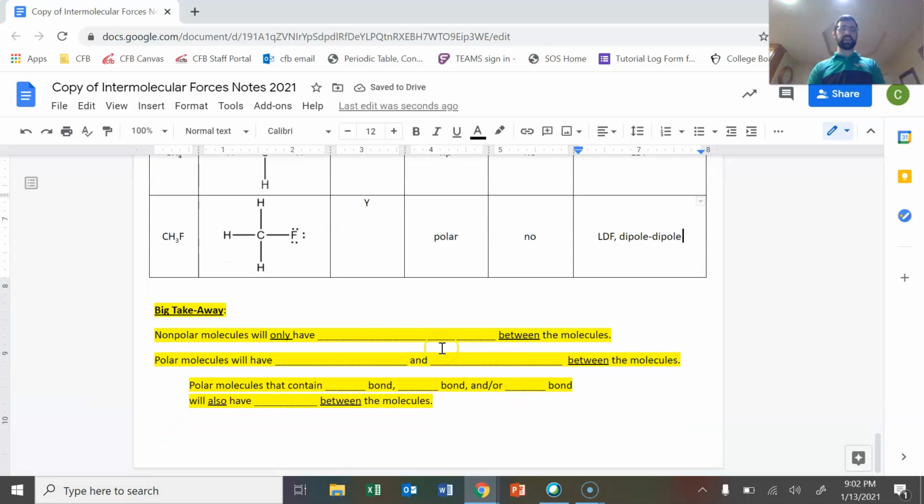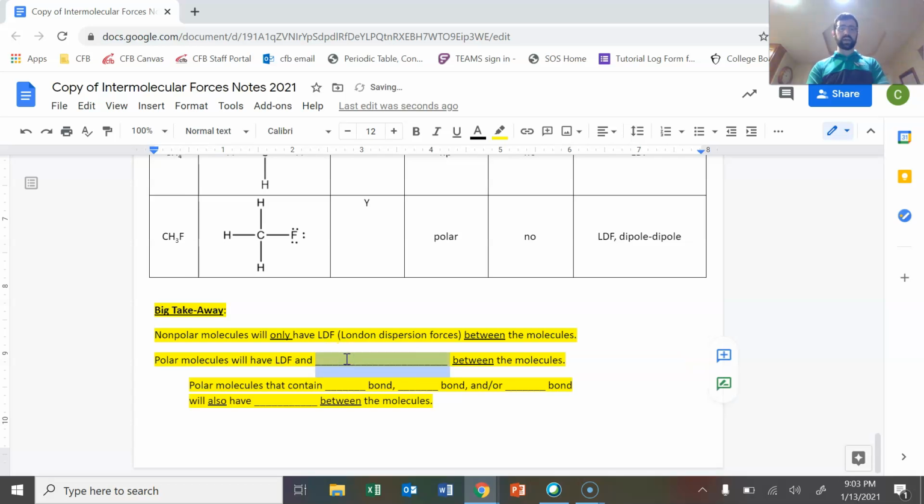All right, here's our big takeaway. Nonpolar molecules will only have LDF between the molecules, or you could write the full name, London dispersion forces. I would just put LDF most of the time. Okay, polar molecules will have LDF and dipole-dipole forces between the molecules.